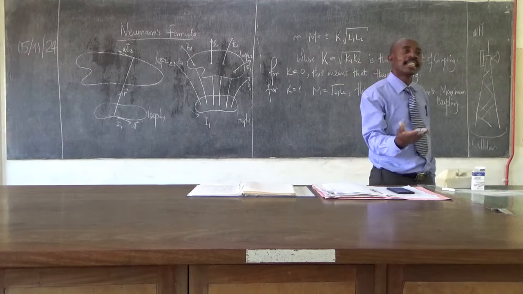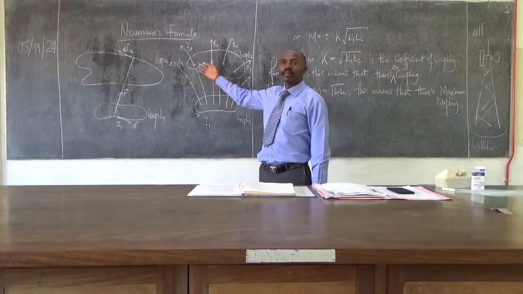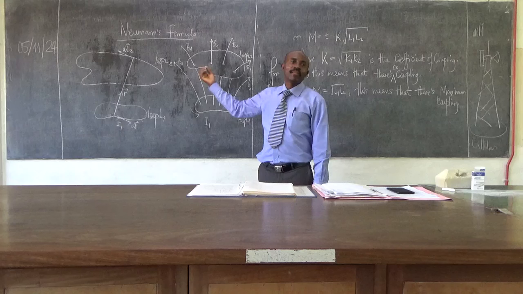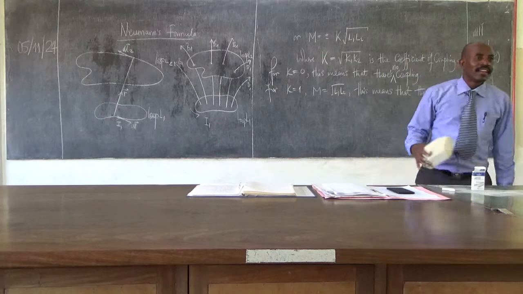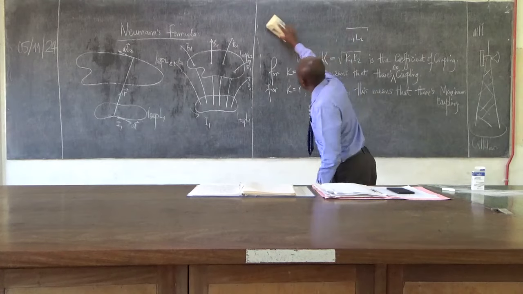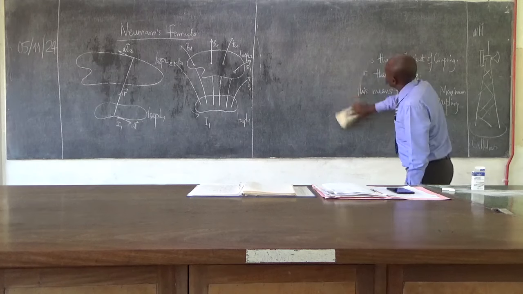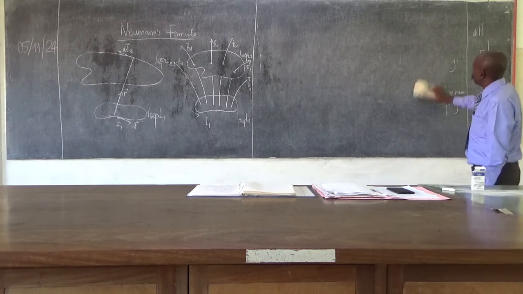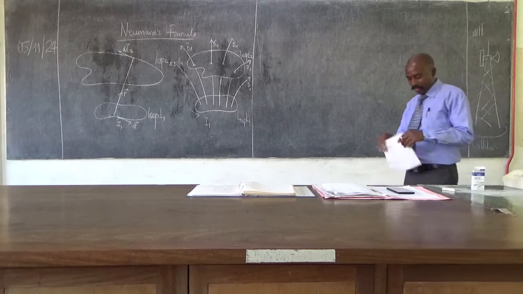If you have a conductor carrying current I, and you want to know the magnetic field felt some distance from it, what law do you use? Biot-Savart. Okay, Biot and Savart, if that makes you comfortable.